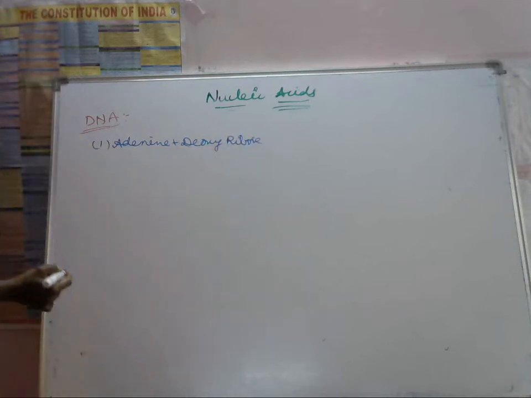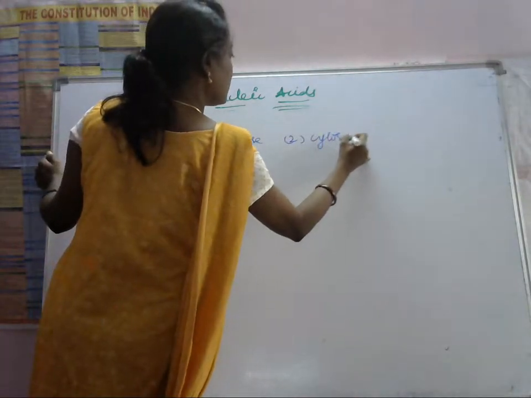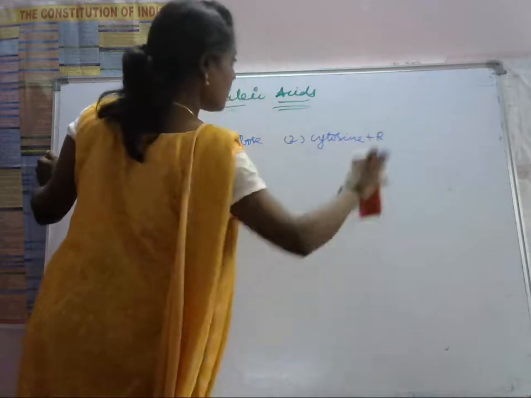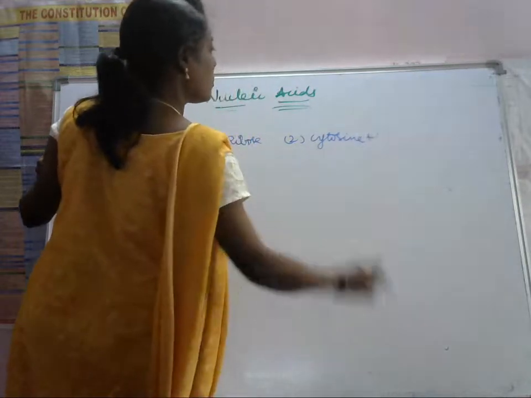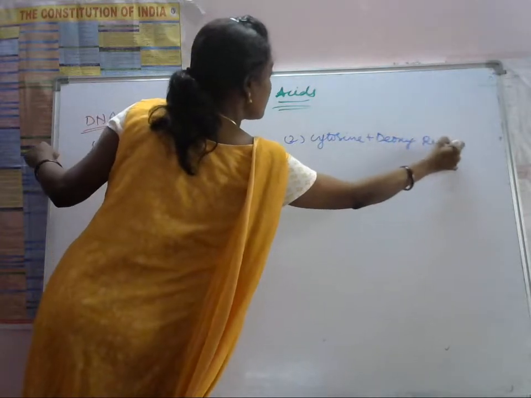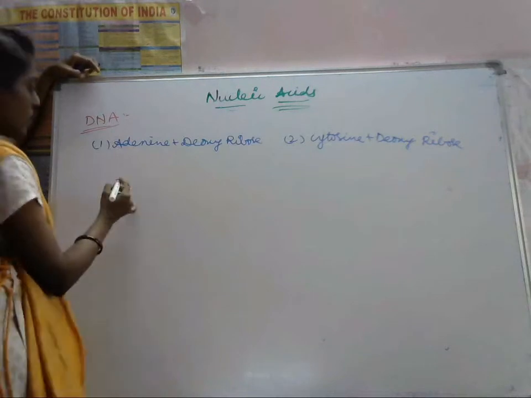Okay, so next cytosine plus deoxyribose. There ribose is there, here deoxyribose. Okay, at the second position. Okay, so let's see this one.